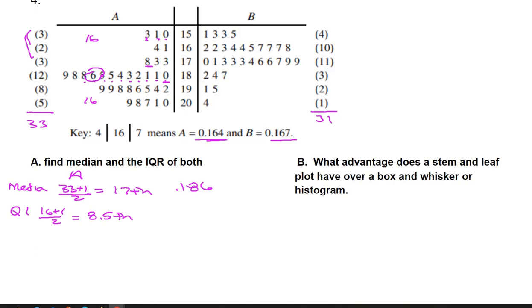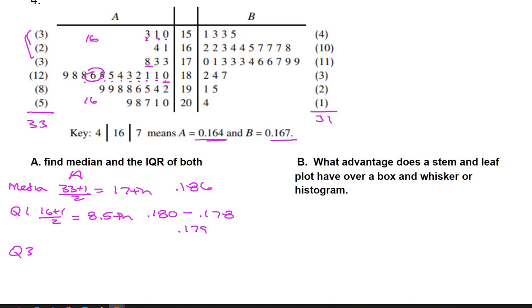My median is going to be between 0.180 and 0.178. It's going to be exactly in the middle. Now, if you add those two and divide them by 2, you'll find out that the Q1 is going to be 0.179. But you can kind of see that, right? Okay, so that's Q1. And now Q3.